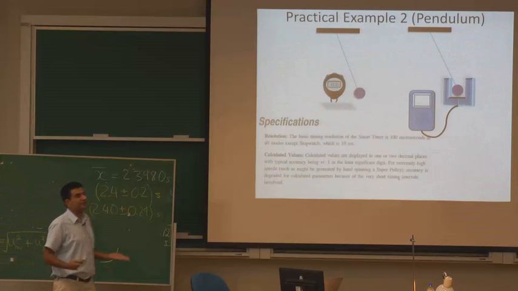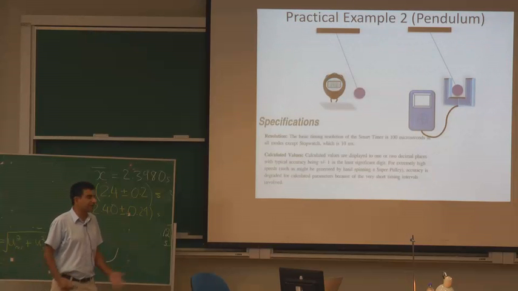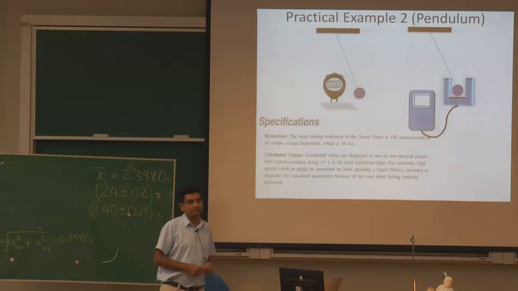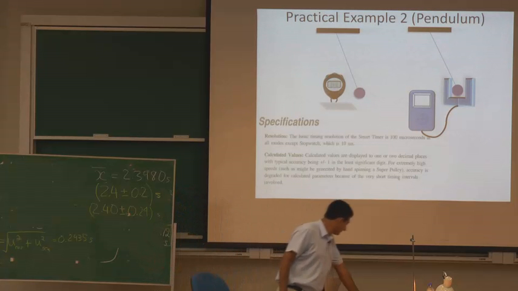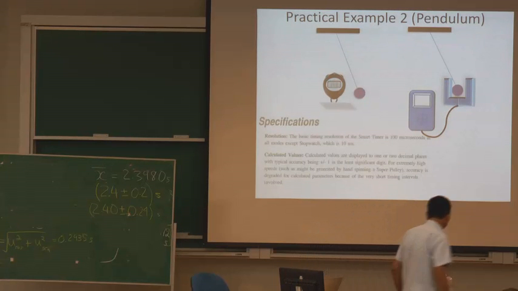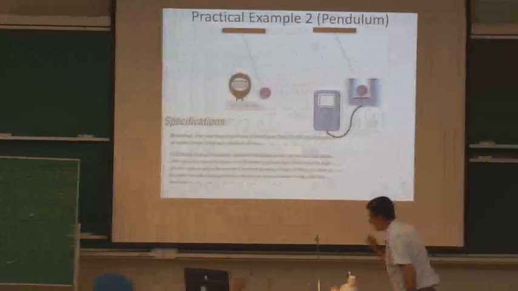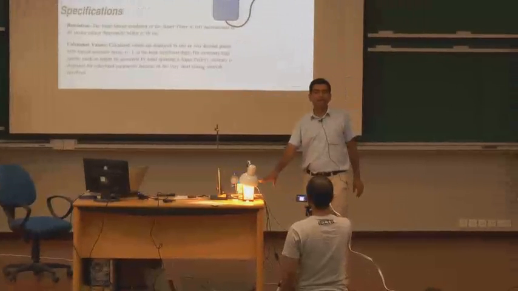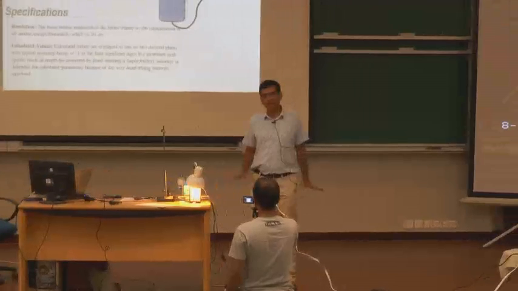Now let's look at another example. This time we're going to use another device to measure the time period of a pendulum. What I have here is a simple pendulum, and I have a device that measures the time period of this pendulum optically.